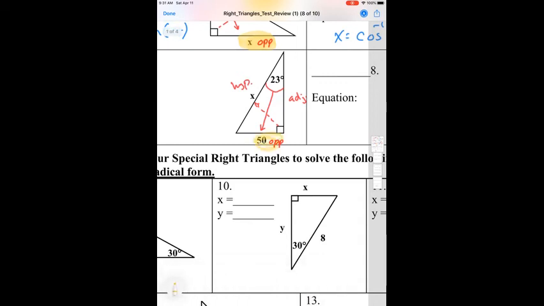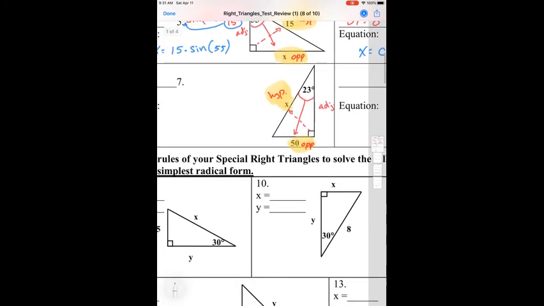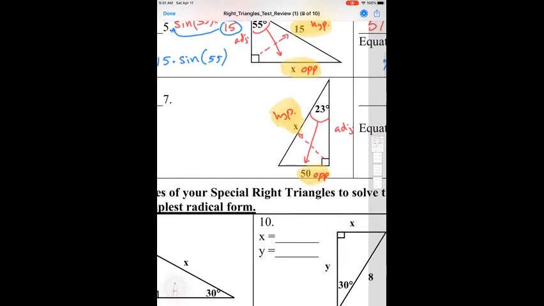I have information for the opposite side, and I need information for the hypotenuse. The trig function that has both opposite and hypotenuse in it is sine. So once again, I have sine of 23 is equal to the opposite side, which is 50, over the hypotenuse, which is x.